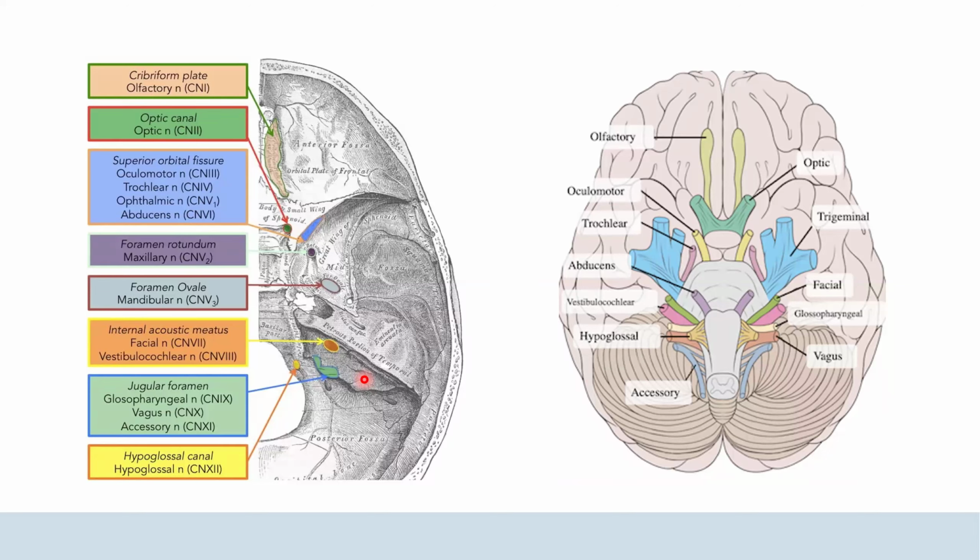So we've already said internal acoustic meatus and hypoglossal. So we have an acoustic for 8, and we have a hypoglossal for 12. So everything in between is going to go through jugular. So we're going to have 9, 10, and 11. Is that clear? Do you guys have any questions? Clear. All right, perfect.